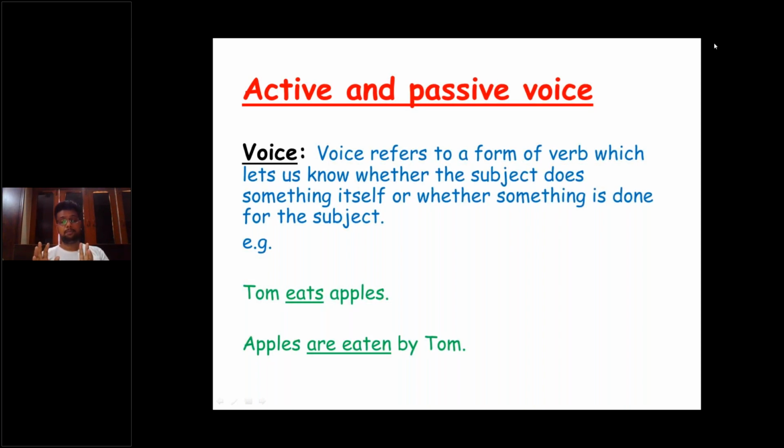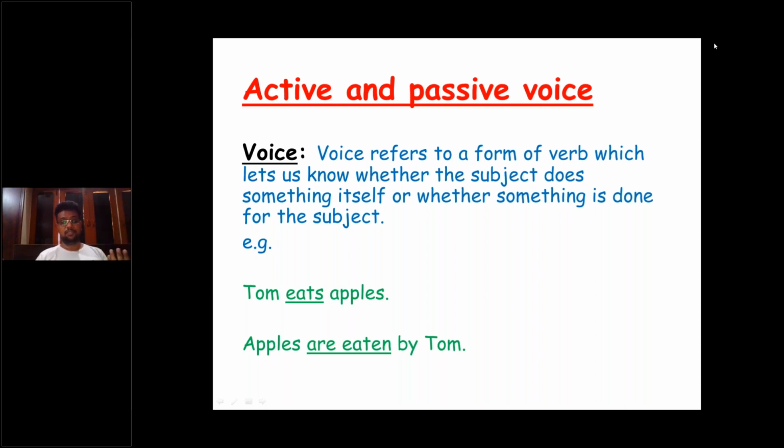Whenever we come across such sentences, Tom eats apples or Lindsay sings a song, here there is a subject, an action, and an object. Whenever we say Tom eats apples, the subject is Tom, the action is eats, and the object is apples.